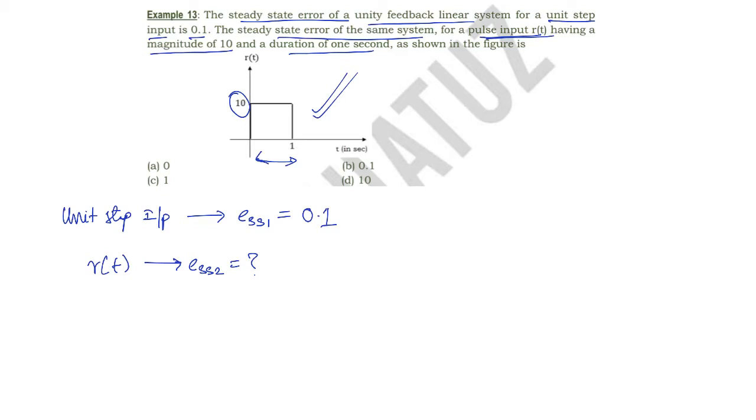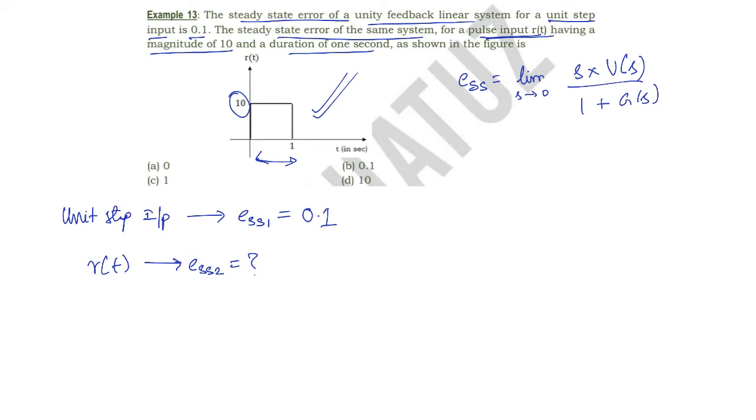Now what is the expression for steady state error? The general expression will be limit s tends to 0 of s into the input function, let us take it to be U of s, divided by 1 plus G of s.